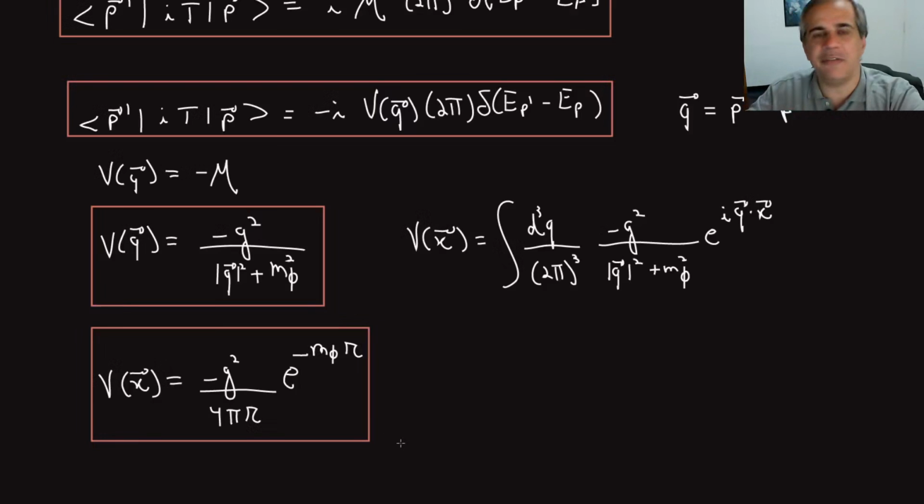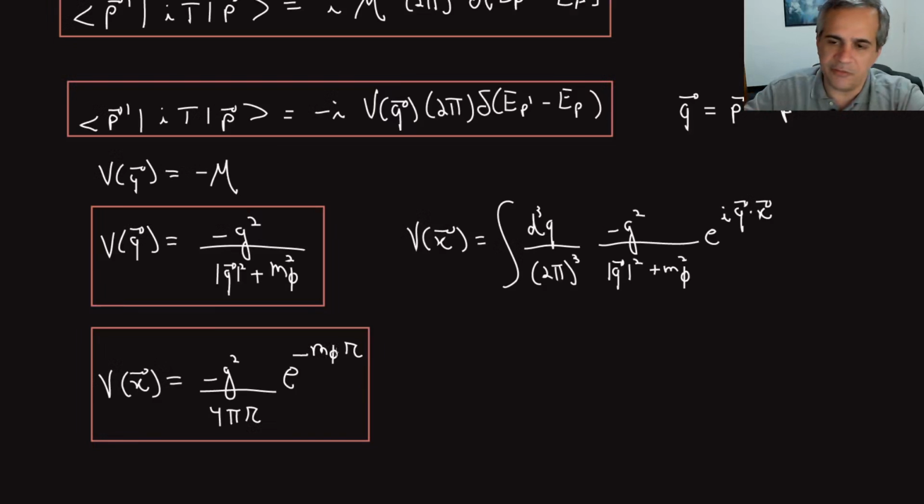In fact, that's the fact that Yukawa used to estimate the mass of the pions, back when he proposed this process to explain why nucleons were bound together inside a nucleus. He used like 1 Fermi as the effective distance here, and that led to a mass of a few hundred MeV for the pions.